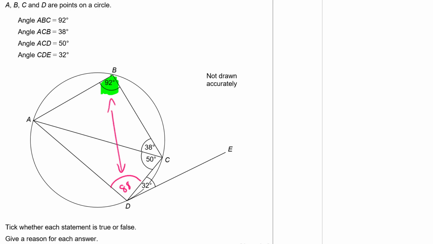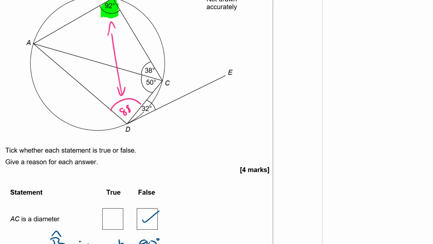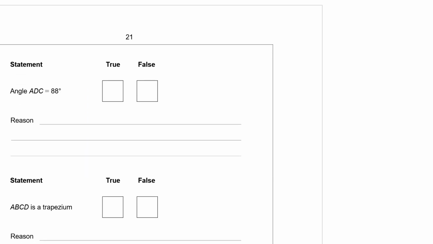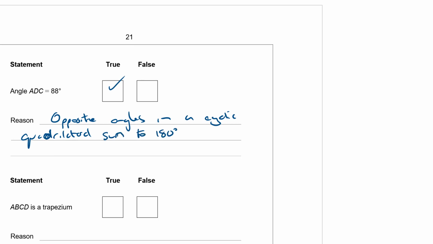Yes, it does. So I agree that D must be 88 degrees. So let's say that's true, and then I can say opposite angles in a cyclic quadrilateral sum to 180 degrees.